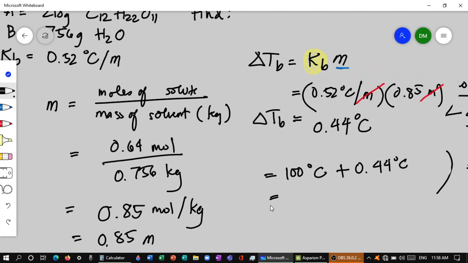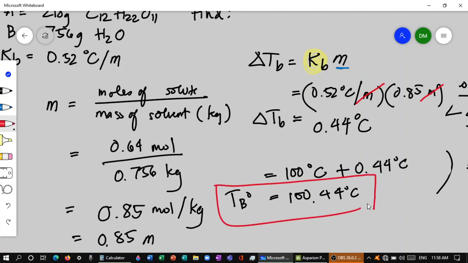And so the boiling point of the solution is equal to 100.44 degrees Celsius. So this one is the boiling point of the solution. And this one is just the increase or the elevation of the boiling point.